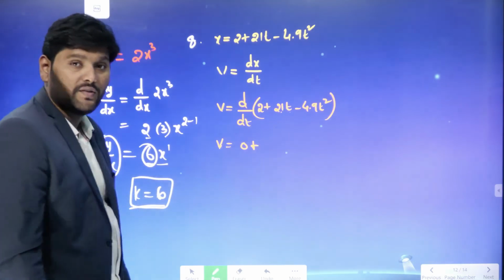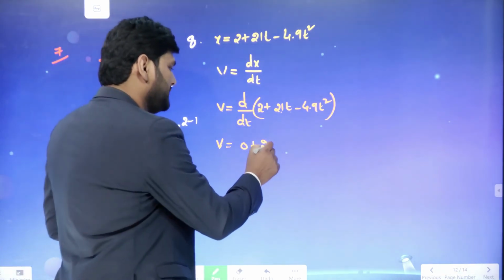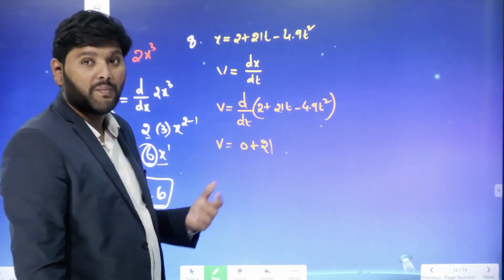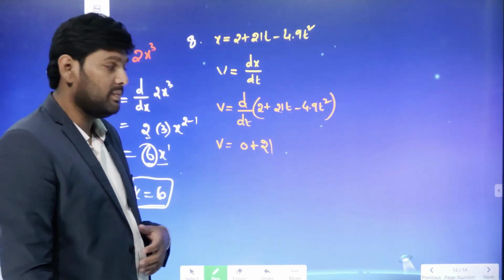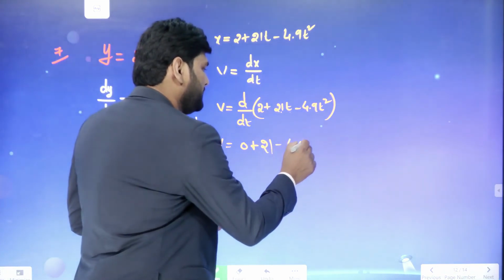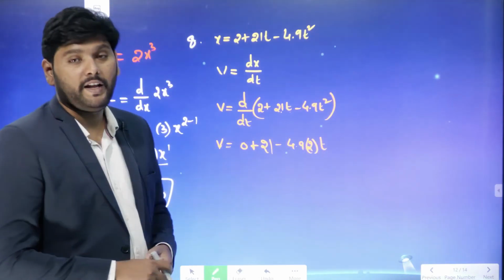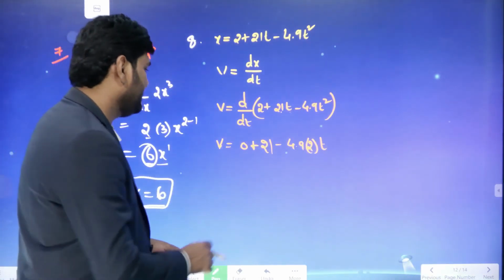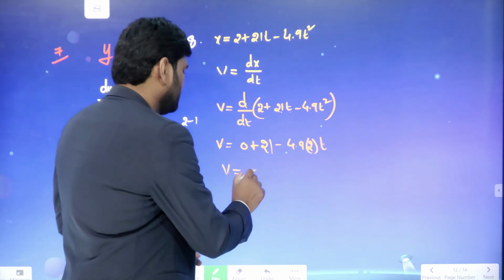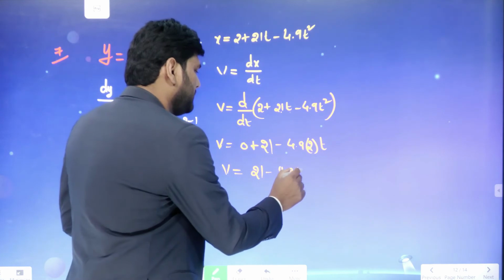Because we are differentiating with respect to time, we get directly 21. I am using the exponent formula for differentiation: minus 4.9 into 2 into t. So 4.9 times 2 means 9.8, right? So finally v is equal to 21 minus 9.8 into t.